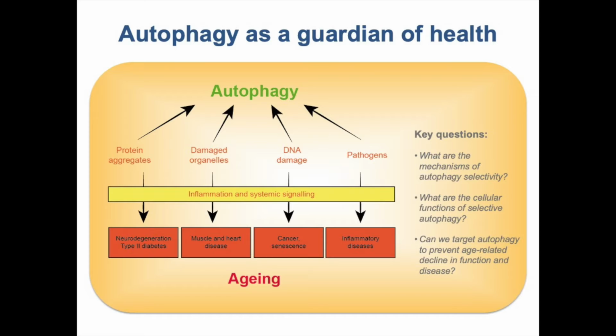Because that degradative cascade that I was just describing is not just providing nutrients, it's also allowing the cell to ensure quality control of everything inside the cell. And autophagy degrades specific damaging agents inside the cell. It could be protein aggregates, damaged organelles, it prevents DNA damage accumulation, even intracellular pathogens.